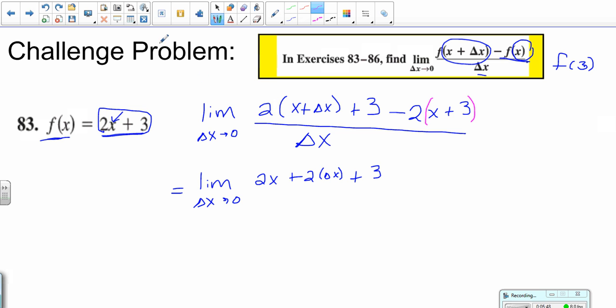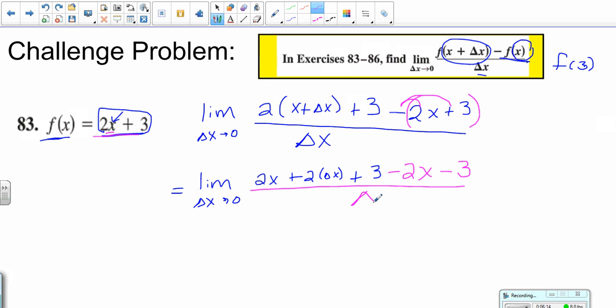No we don't, so sorry. Skip that idea, because it's just 2x and then plus 3. Okay, but where I need parentheses is right here, because it's minus the whole function, and the whole function's this. All right, so we've got minus 2x minus 3.